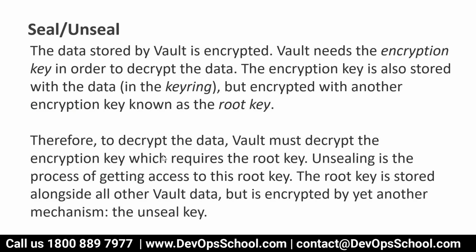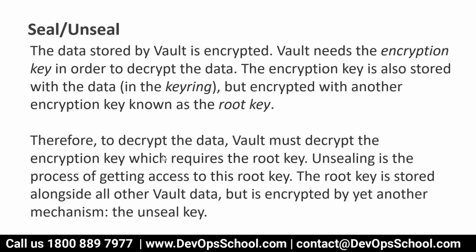The root key is stored alongside all other Vault data, but is encrypted by yet another mechanism, the unseal key. So in a simple way, when you start Vault in production server mode, it will be sealed.